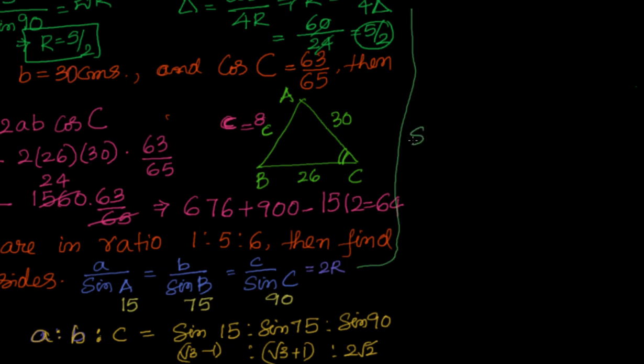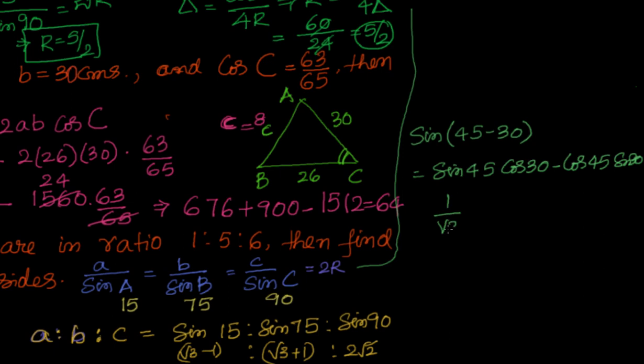I will say sin of 45 minus 30. This is sin of A minus B. The formula for that is sin of A cos of B minus cos of A sin of B. So 1 by root 2 into root 3 by 2 minus 1 by root 2 into 1 by 2.